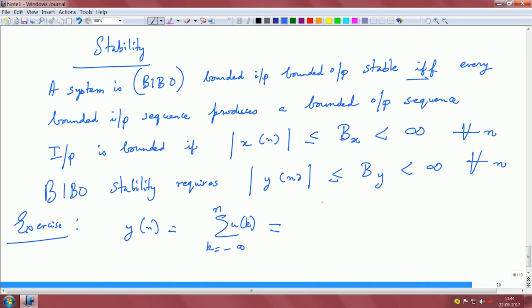We can say that this is 0 when n is less than 0 and it is n plus 1, because you have to count u of 0, for time n greater than or equal to 0. Now, is this bounded? Probably not. Why? Because this holds for all n, and n could also go to infinity. So, when n goes to infinity, y of n heads to infinity. Therefore, it is not bounded. So, this is an example of an unbounded system.